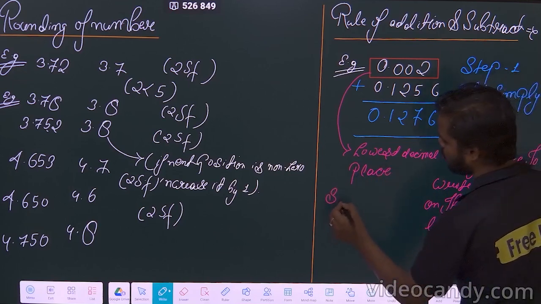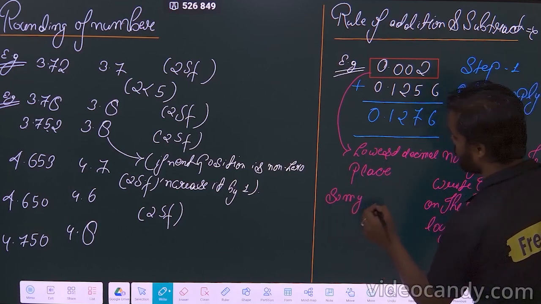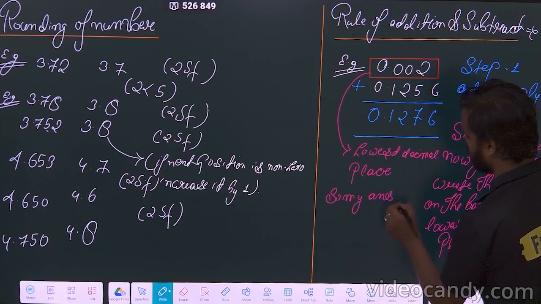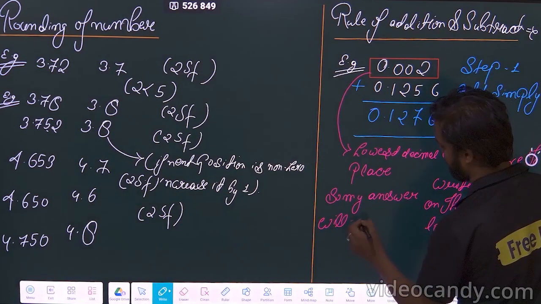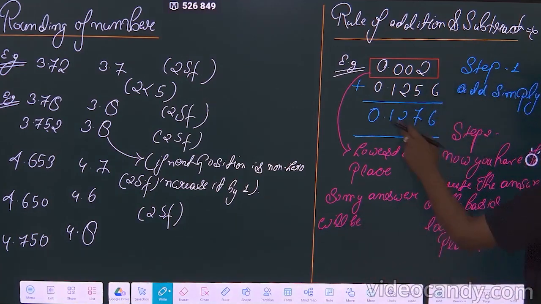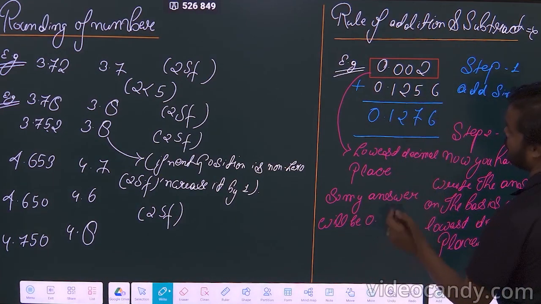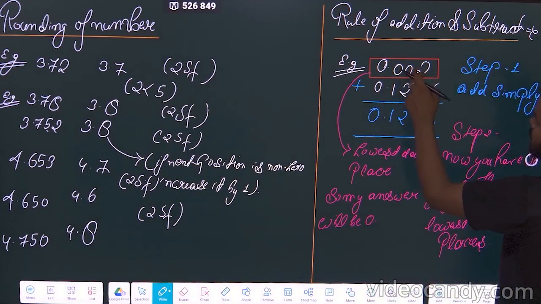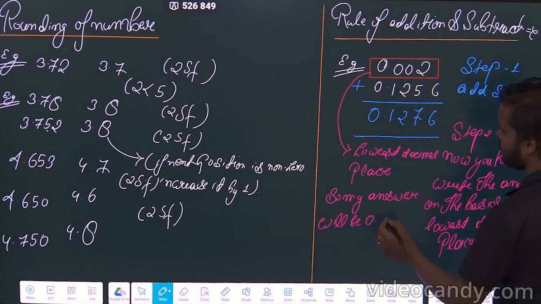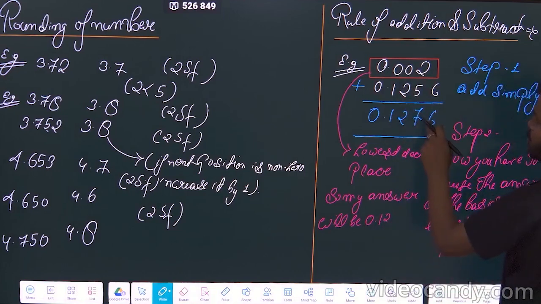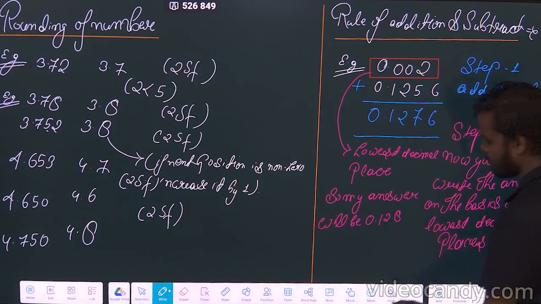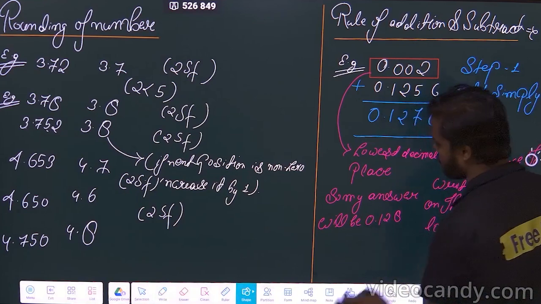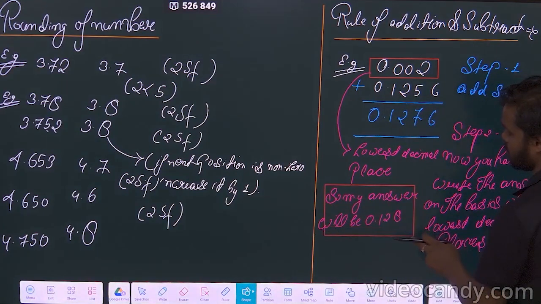So my answer will be what? It will be 0 point, there are 3 decimal places, so there will be three values: 1, 2, and how to do the round off? See, the next element is greater than 5, so it will be 0.128. That will be my answer. So my answer will be 0.128.